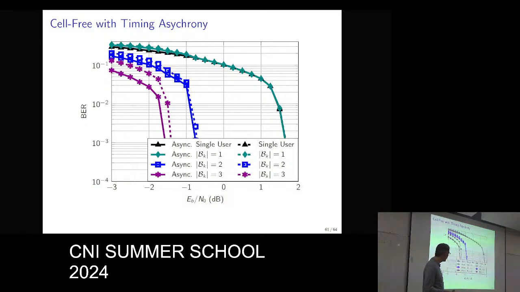So you're going to have some asynchrony. We just wanted some benchmark. Asynchronous systems are more difficult to design well, but it's known to improve capacity. So this is the story: same graph, or a very similar graph, x-axis quality of the channel, y-axis the bit error rate performance.